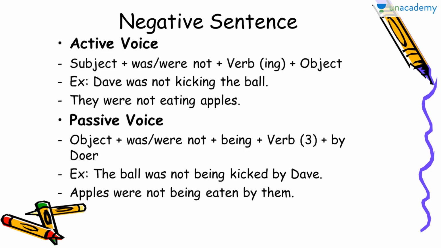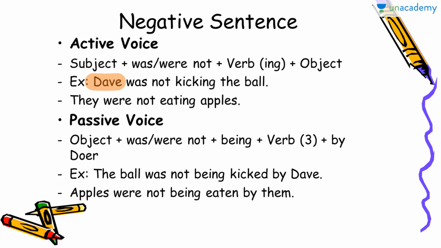Now let's see how negative sentences are formed in past continuous tense. In active voice, it starts with the subject, then was or were, then not, then the verb ing form, and then the object. Negative sentences are sentences of denial, saying no to something. For example, Dave was not kicking the ball. The person about whom we are talking, the doer of the action, in this case is not doing the action.